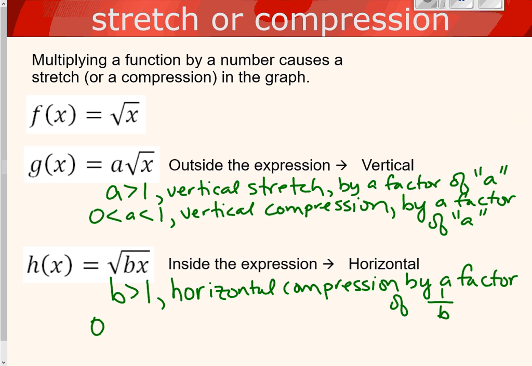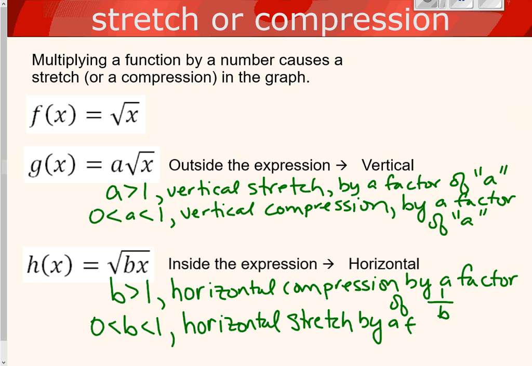Same thing if it's in between 0 and 1, then it's a horizontal stretch by a factor of 1 over b again. So let's say I have the number 1/2, 0.5.